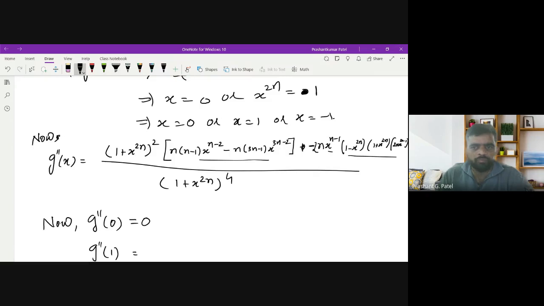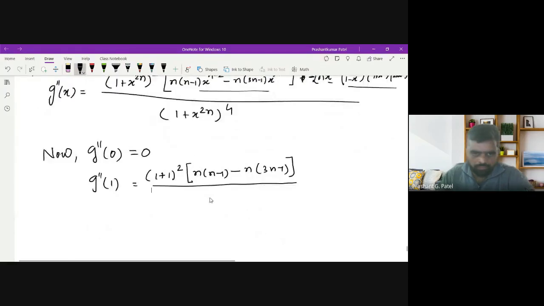Here the remaining term, which I can say is (1 plus 1) to the power, this n into (n minus 1) into 1 minus n into (3n minus 1) into 1, upon (1 plus 1) raised to 4, that is 2 raised to 4.